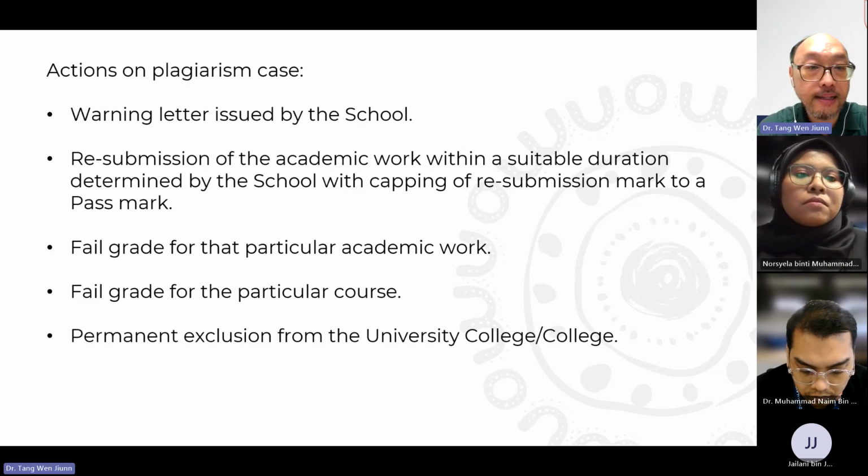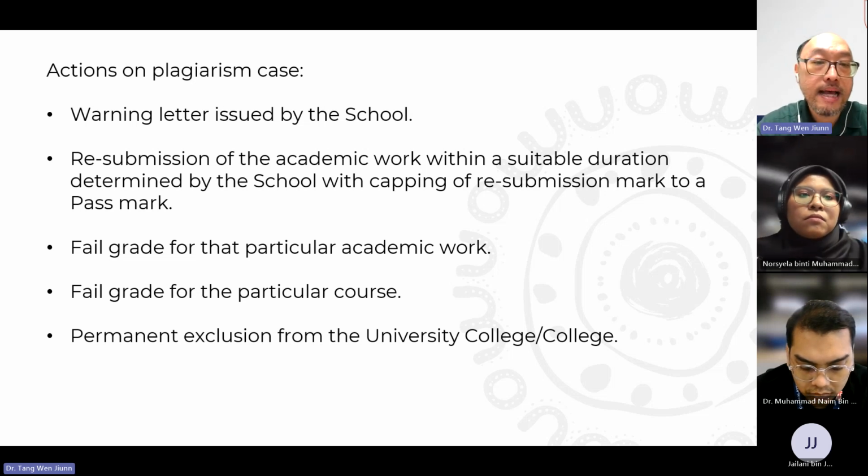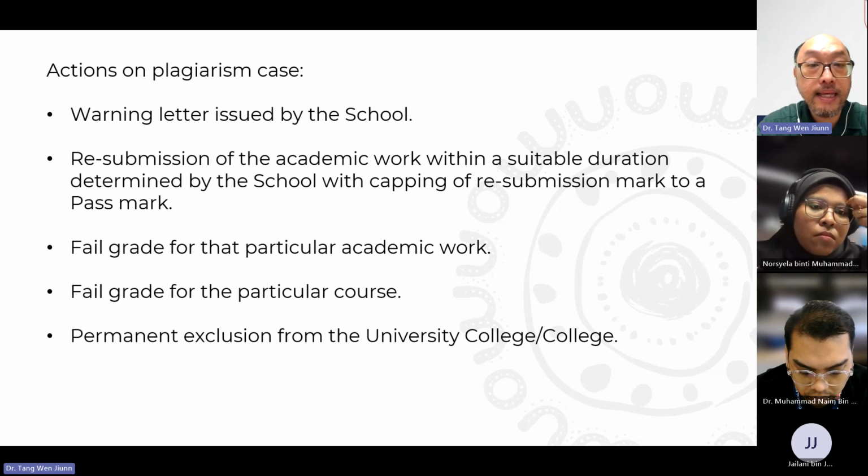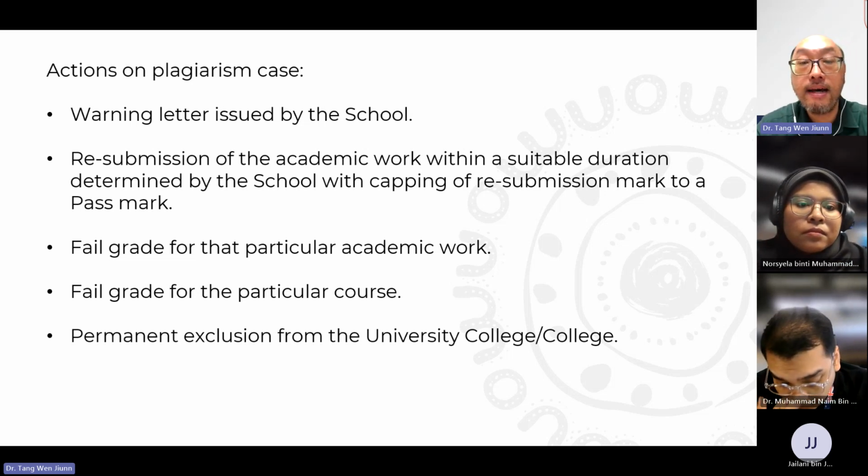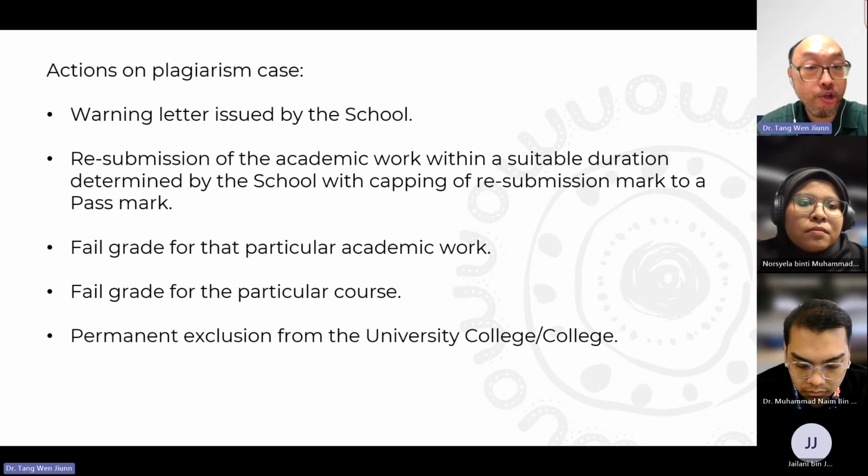So this part here is written in the handbook. Some of the actions on plagiarism depend on the severity, but these are some of the actions we can take against students. It's always good if we can relay this information to students, just to deter them from this kind of misconduct.